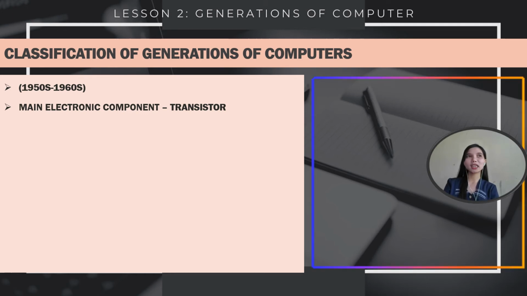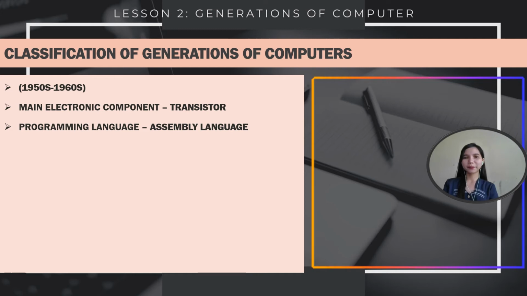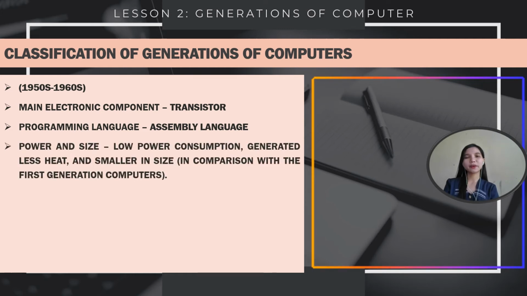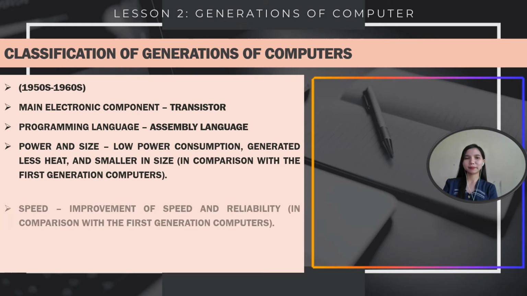So where before it was the vacuum tube, the second generation component is the transistor. The programming language is assembly language. In comparison with the first generation computers, it has lower power consumption and generated less heat. So it is not as hot as the first generation, guys.